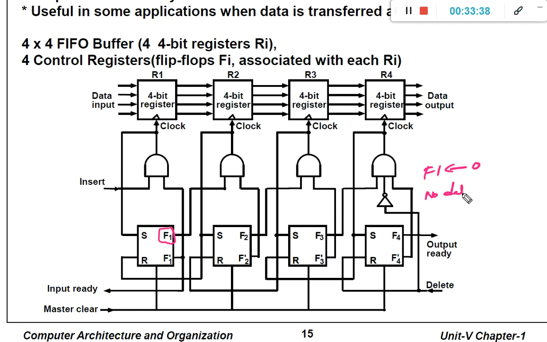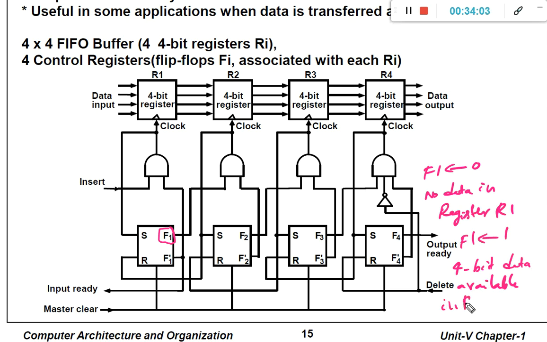If F1 is set to 1, then there is a 4-bit data available in register R1.